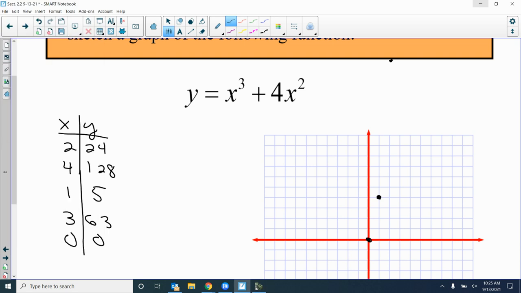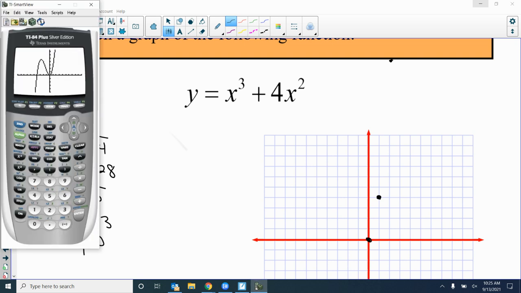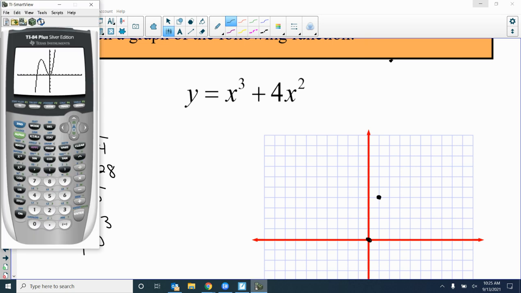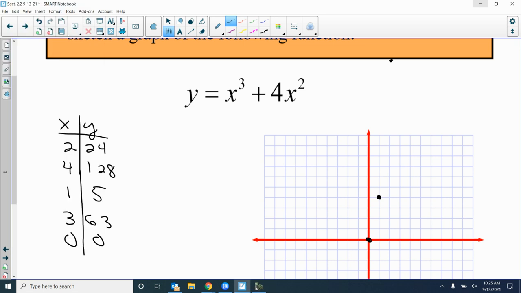Is that what our points look like? No, we had no idea what this looks like. Now it also hits at negative 4, 0. I believe when we plug in negative 1, it should give us back 3.